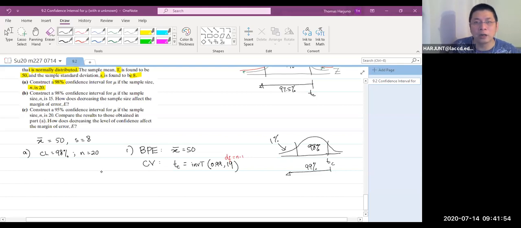Now, area here refers to the area to the left, just like before. That would be 0.99, and then enter degrees of freedom 19. The result is 2.53948.